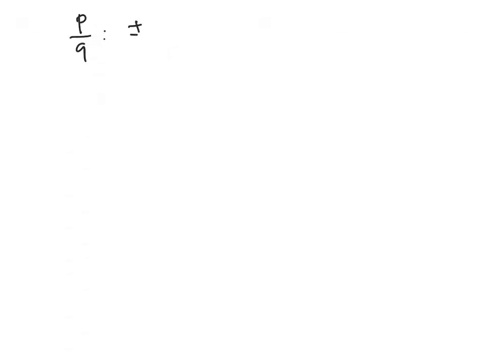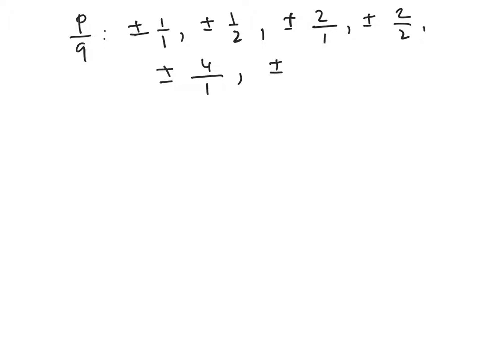So we will have plus or minus 1 over 1, plus or minus 1 over 2, plus or minus 2 over 1, plus or minus 2 over 2, plus or minus 4 over 1, plus or minus 4 over 2. All we have done is take all the p's and divide them by all the q's. We obtain 6 terms, which we now simplify.